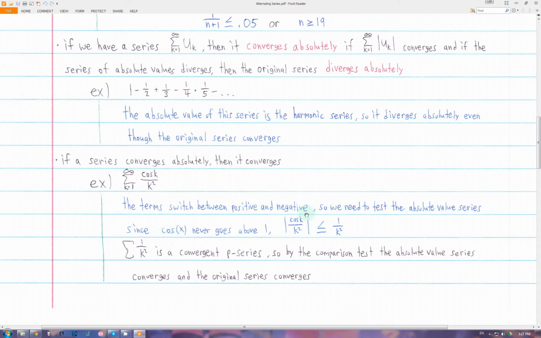So it never goes above 1. And well, we know 1 over k squared is just a p-series with p equals 2, so it's convergent. So using the comparison test, a bigger series converges, meaning a smaller series also converges. So this absolute value series converges, meaning that this original series converges absolutely and therefore converges normally as well.